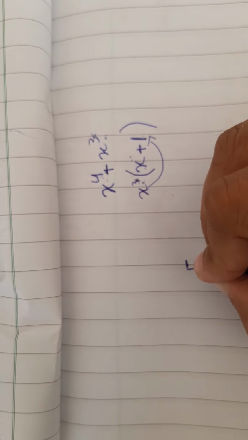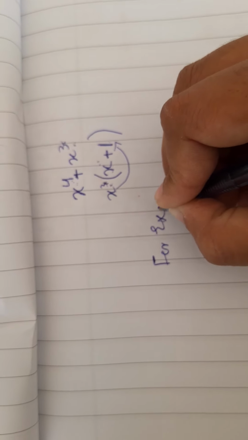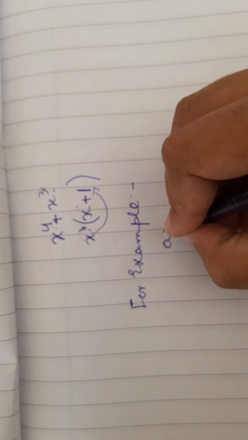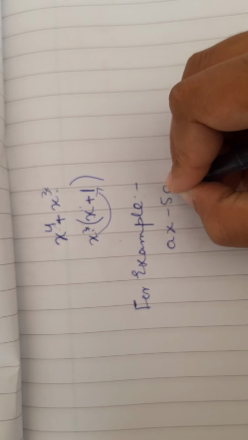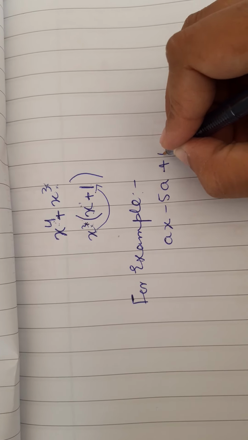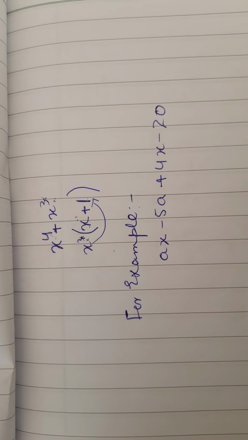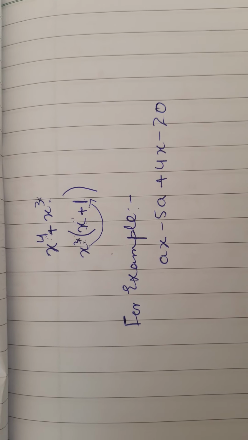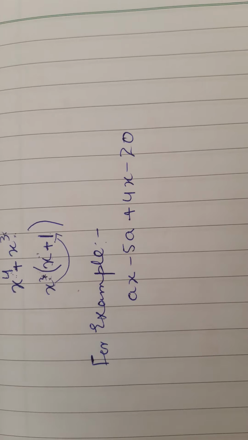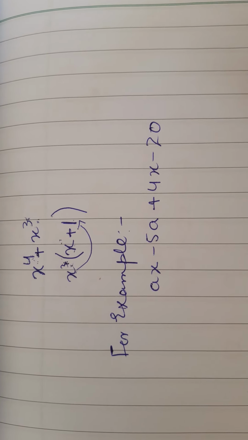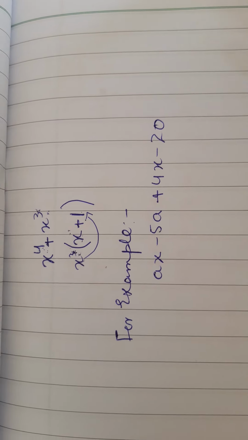For example, I have ax minus 5a plus 4x minus 20. How can we break that? So my dear students, first we need to check whether these powers are arranged.